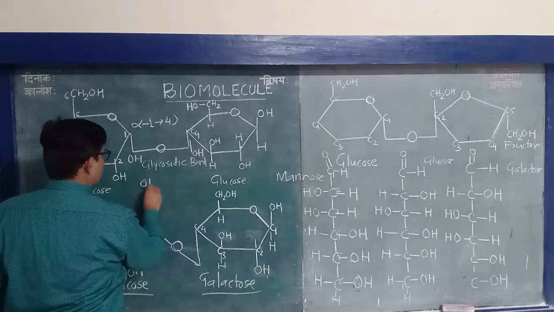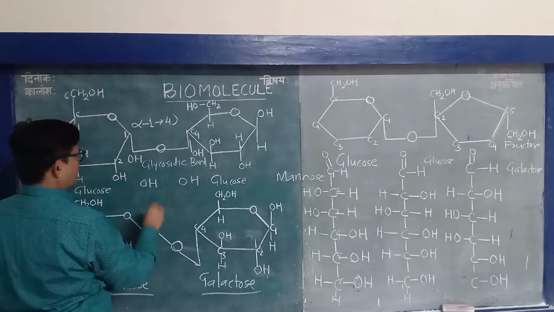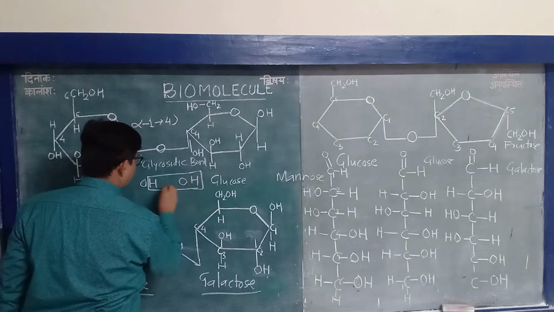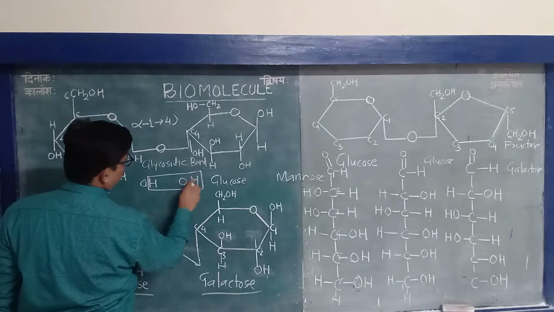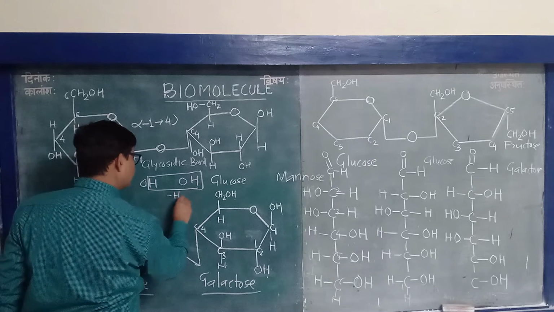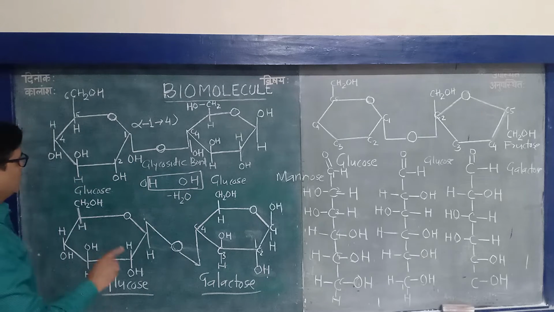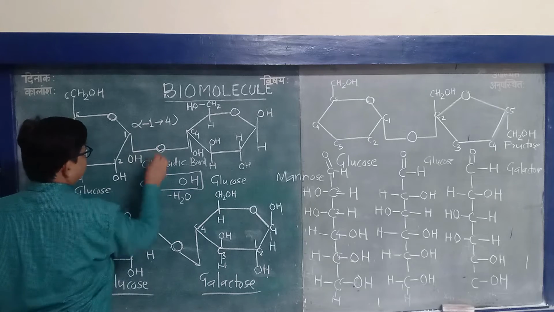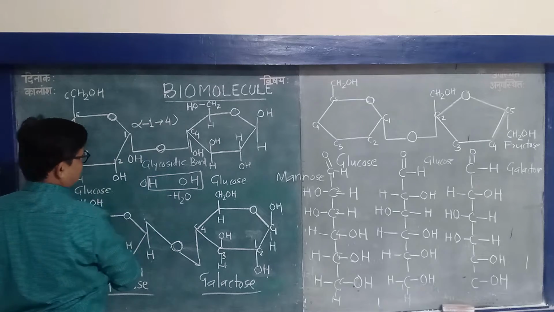So this OH and OH, there is a formation of one water molecule with the help of this hydrogen and this OH. So there is a release of one molecule of water. Chemically, we can say this glycosidic bond is an alpha 1,4 linkage.